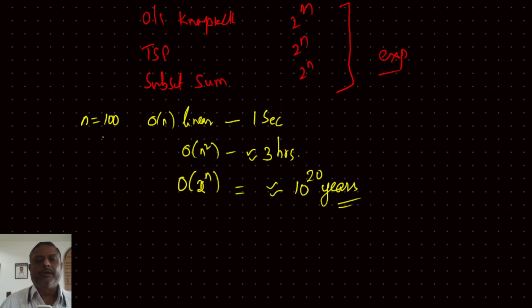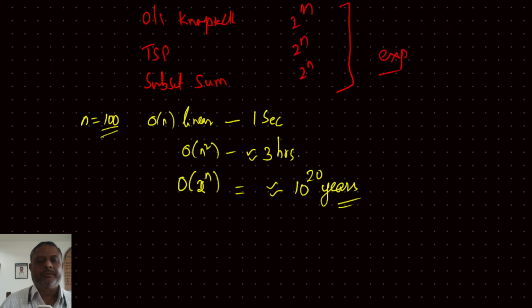I hope you understand the effect of this. If you search among 100 elements and it takes a maximum of 1 second, then working with 100 by 100 matrices and trying to add them is going to take something like 3 hours.